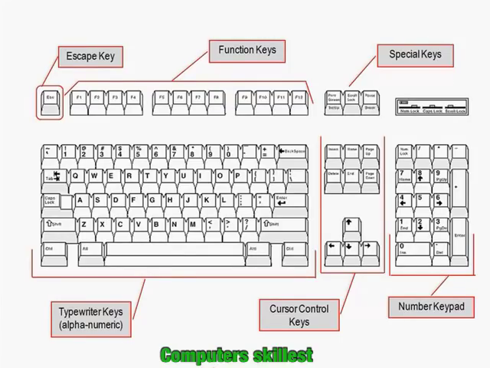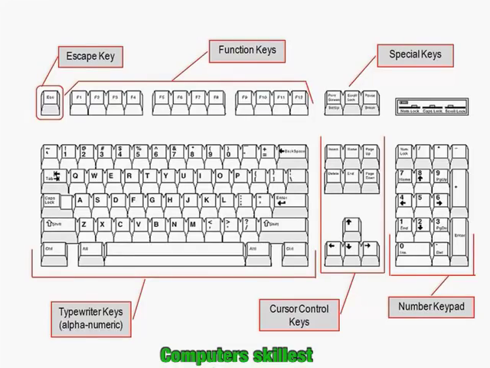Let's get back to the main keyboard, the QWERTY keyboard. There's numbers along the top, and above those numbers are individual characters like an @ sign, a number sign, a dollar sign.